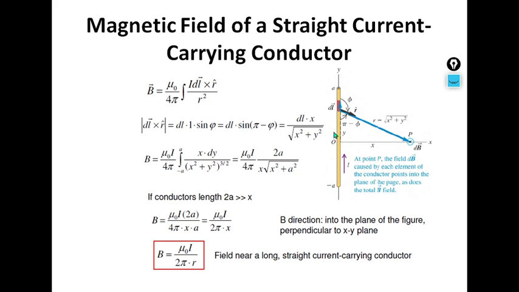Now I am taking this triangle, actually the OAP triangle. Then I can write sine pi minus phi. So dl sine pi minus phi, and what is sine pi minus phi? It is x by r, where r is equal to root over x square plus y square.